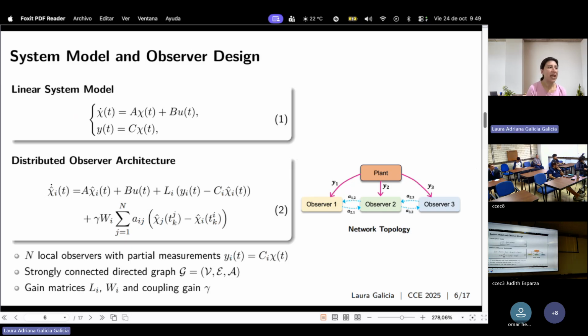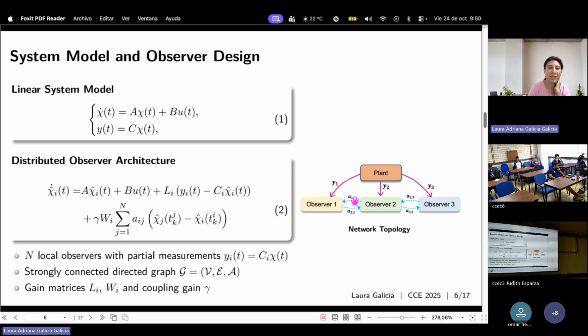Our baseline is a linear system where the state evolves through matrix A and is influenced by the input through B, while we can only observe the system through the output matrix C. In our distributed observer architecture, the state estimate combines local model-based prediction with measurement correction and neighbor cooperation.